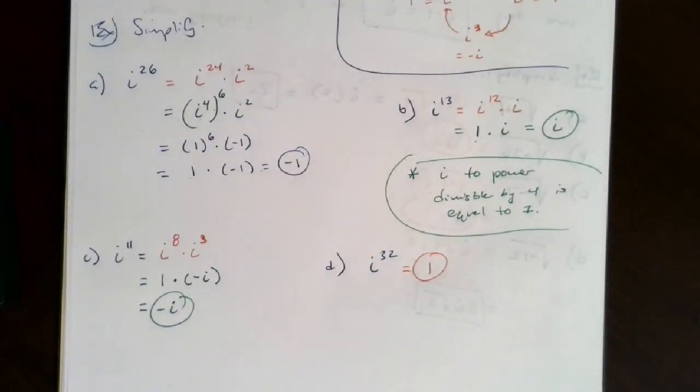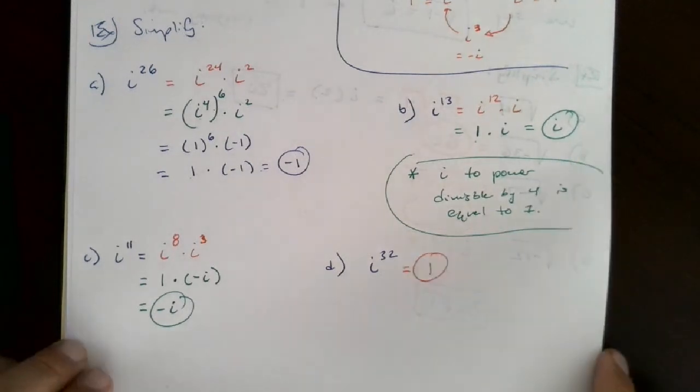So once we know about i, those are imaginary numbers, we can talk about complex numbers. Complex numbers have a real and an imaginary part.